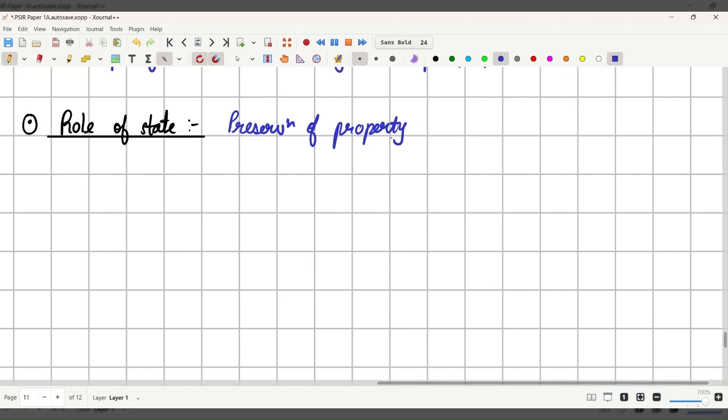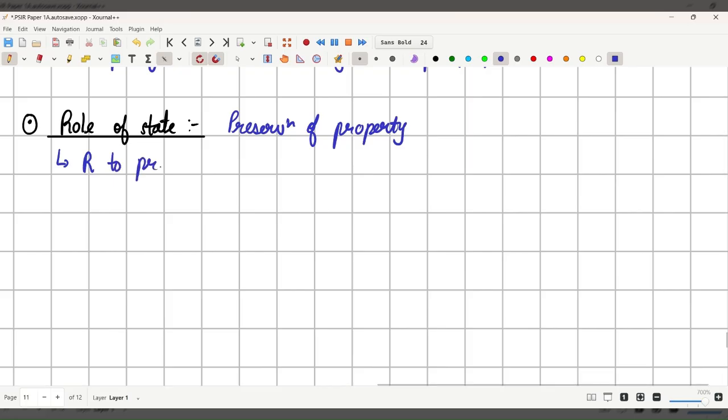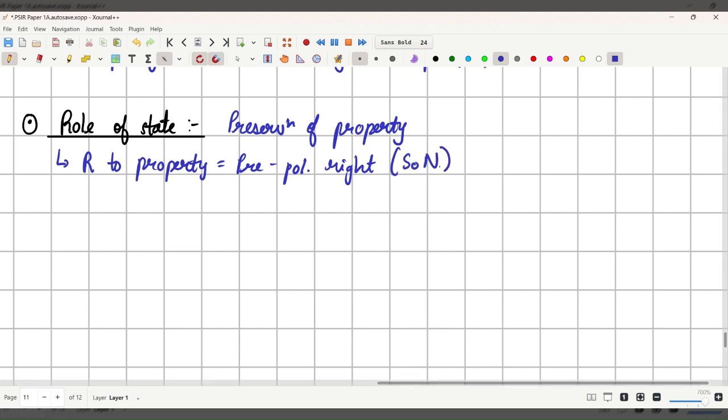And so basically, for Locke, property rights are pre-political rights. The right to property is a pre-political right which was even there in the state of nature, even before a government is formed.